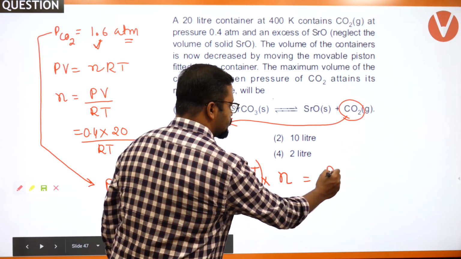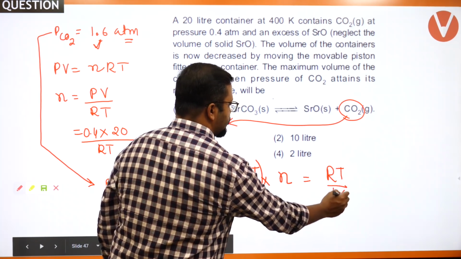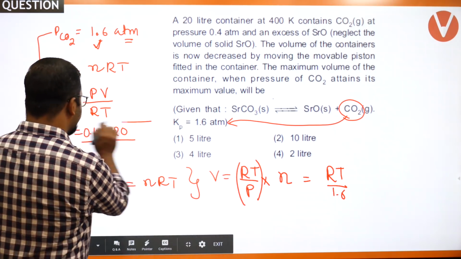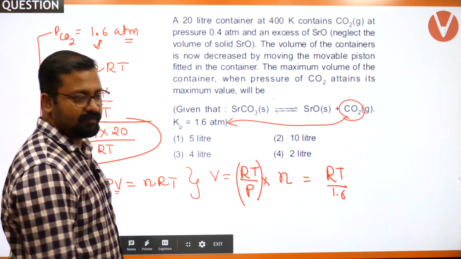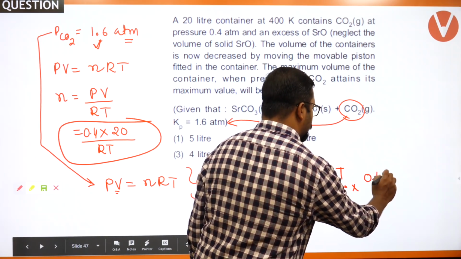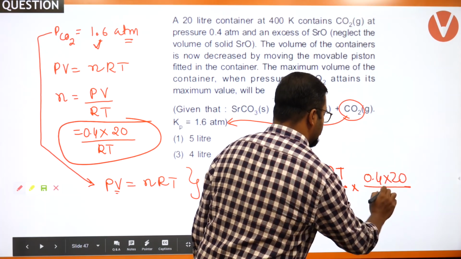RT by P value is given as RT by 1.6, because we need to find the maximum pressure, that is 1.6. What is the value of n that I have identified? n will be 0.4 times 20 by RT.